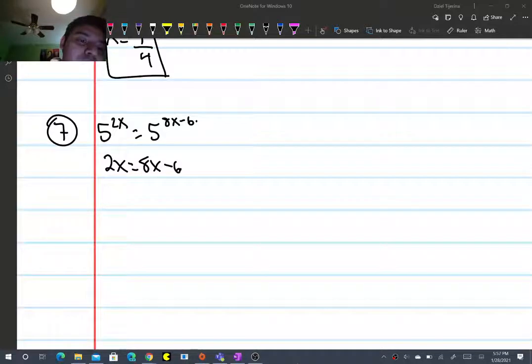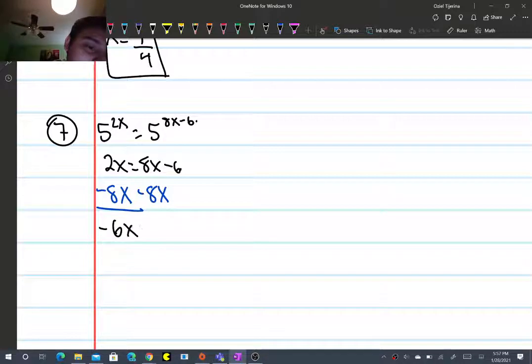Then you subtract 8x on both sides, and you get -6x equals -6. And by the way, guys, yes, you have to have mastered linear equations by this point.